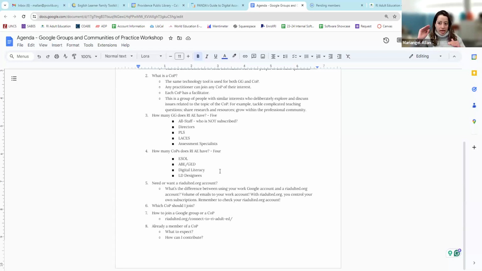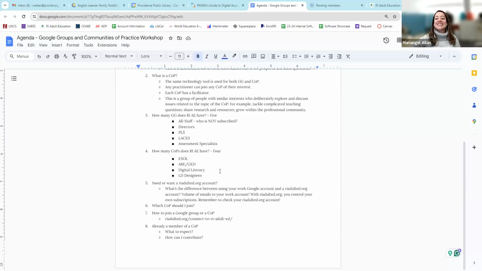Now, looking at the COPs and what they're for, does any one of these call your attention that you would like to be a member of? Any of the COPs? Yes. Which one is it? What's your role in your program? Definitely the digital literacy, and I am the LD designee.